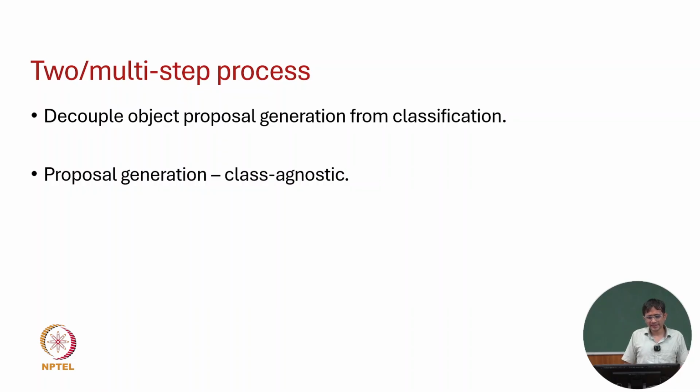The first step is generating the possible object proposals, instead of going through an exhaustive sliding window mechanism, which would be computationally much more expensive. Then on top of them you do classification and also bounding box regression. That's another part of the story. Let me come there soon.